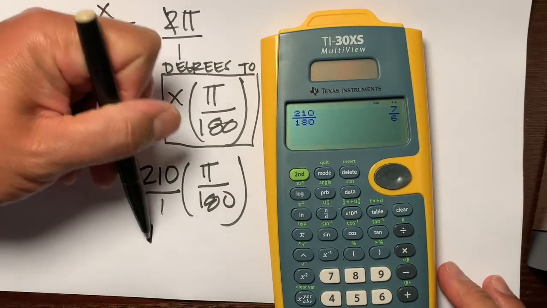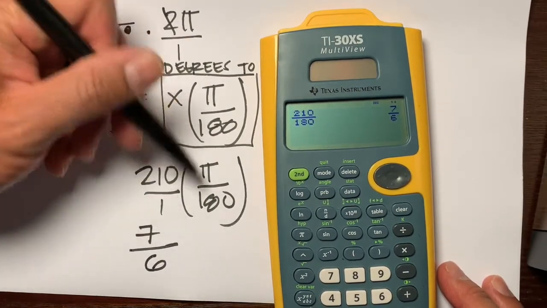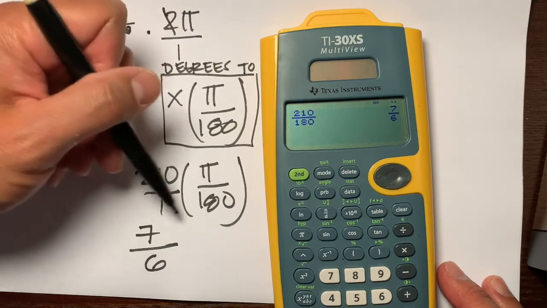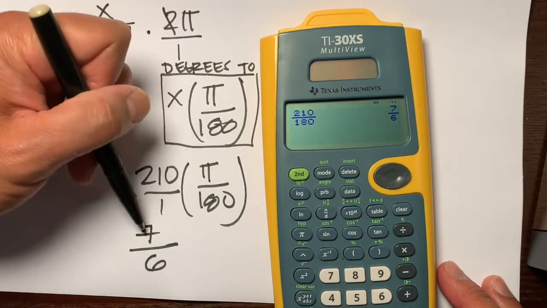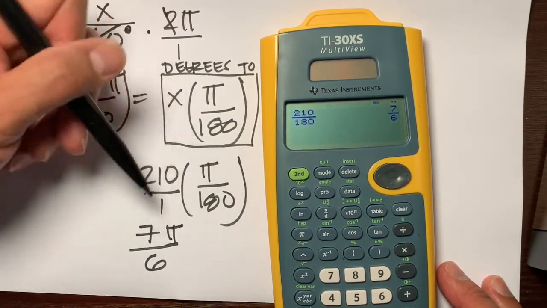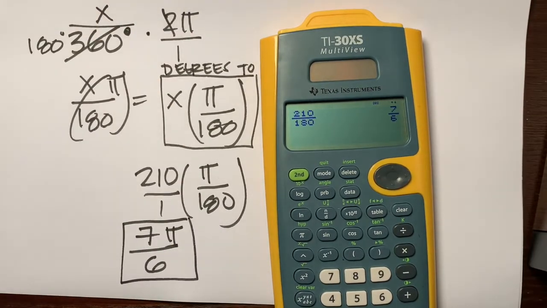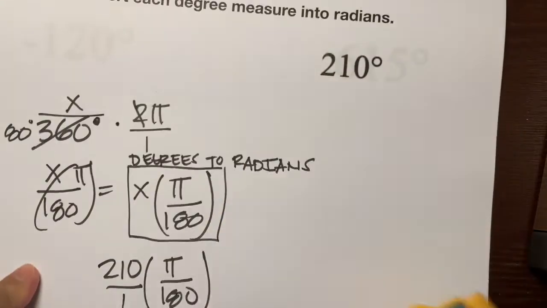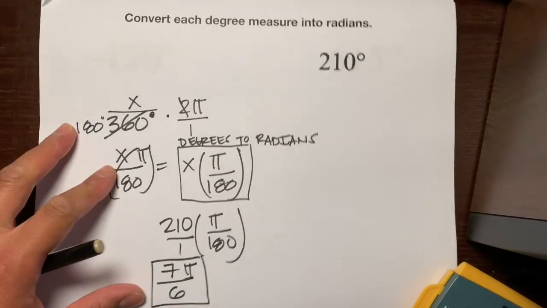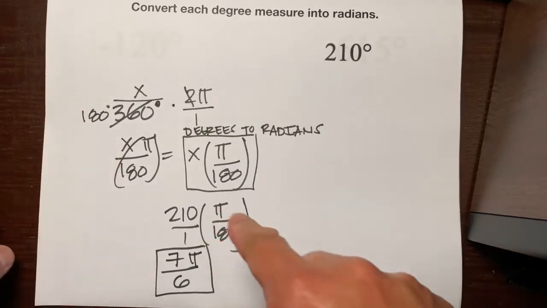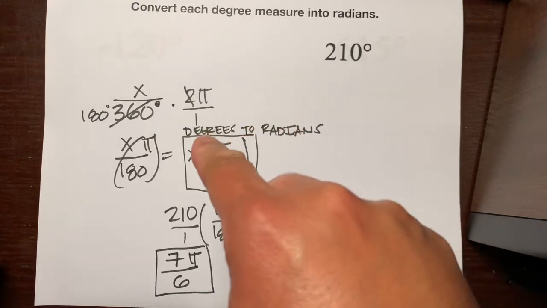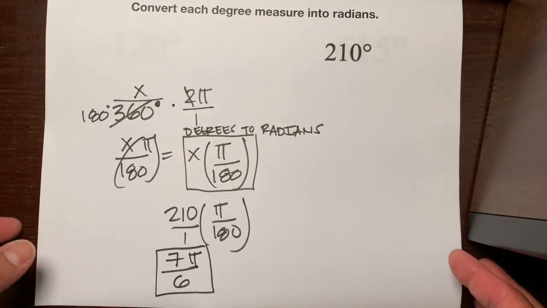So our answer would be 7 over 6, and don't forget that pi. The 210 over 180 simplifies to 7 over 6 times pi. So there is our final answer to convert 210 degrees into radians. If we rotated 210 degrees, the distance would be 7 pi over 6.